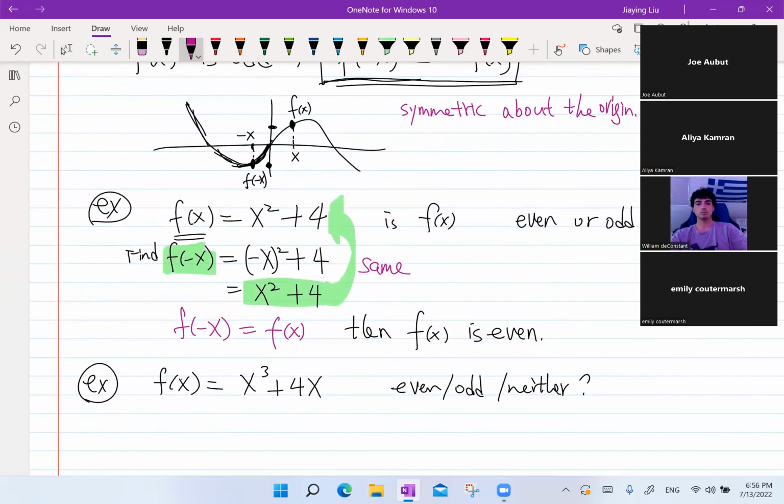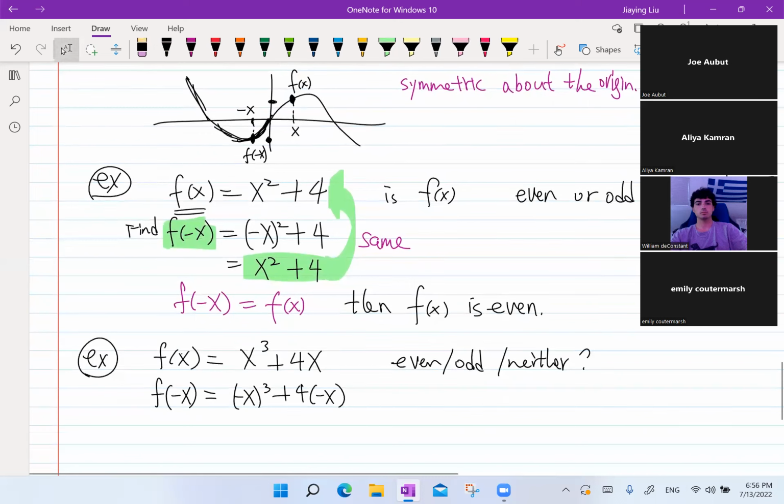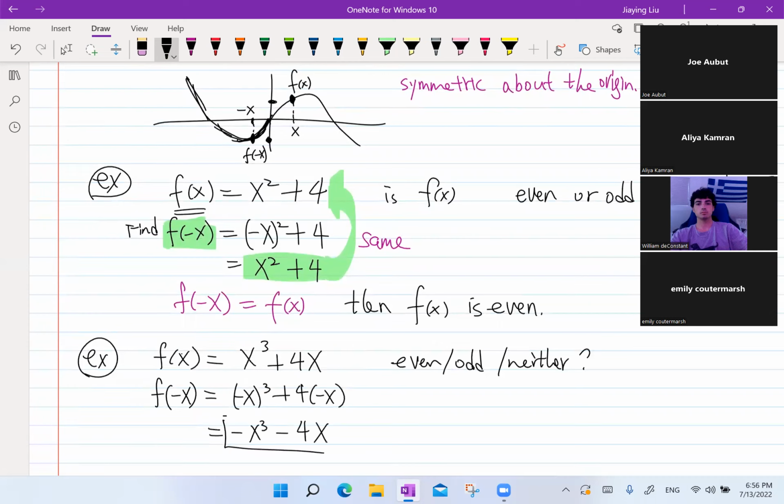We're going to find f of negative x by taking negative x and putting it into this f of x function. So we get negative x cubed plus 4 times negative x. And we're going to simplify every term. So negative x cubed, if you remember, that's just negative x cubed. And then 4 times negative x, that's a minus 4x. So that's the expression for f of negative x.